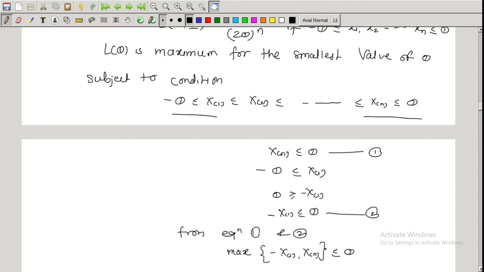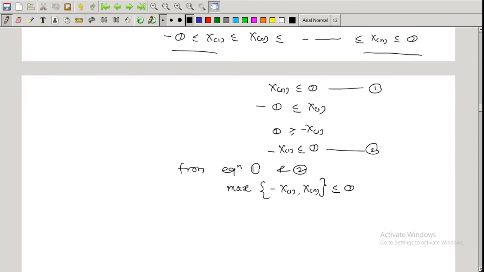Therefore maximum of minus x order 1 comma x order n is maximum likelihood estimator of theta. So in this way we find MLE.